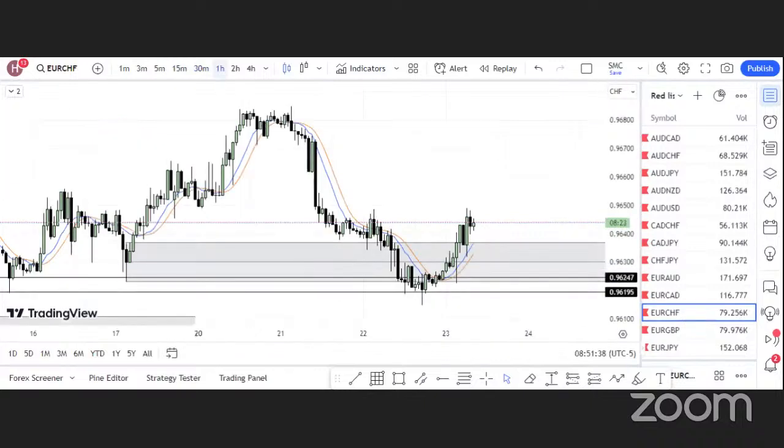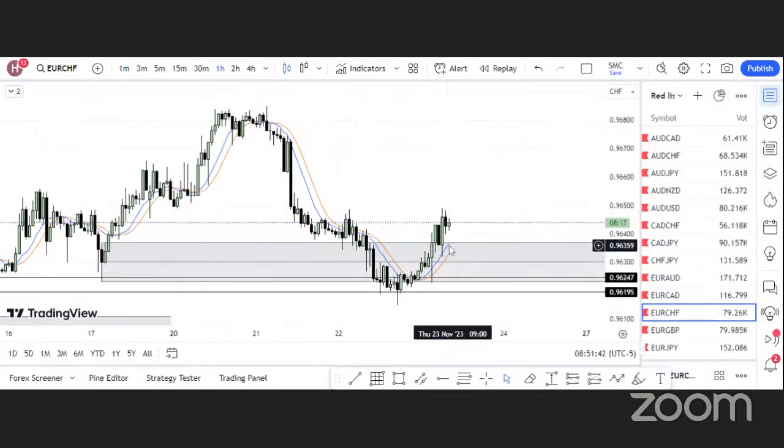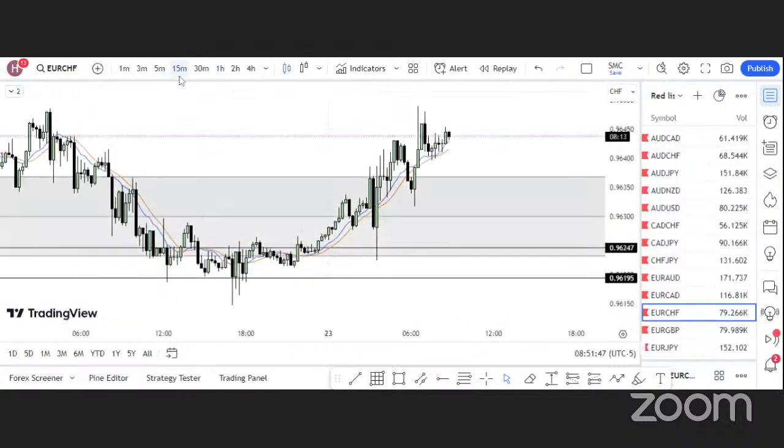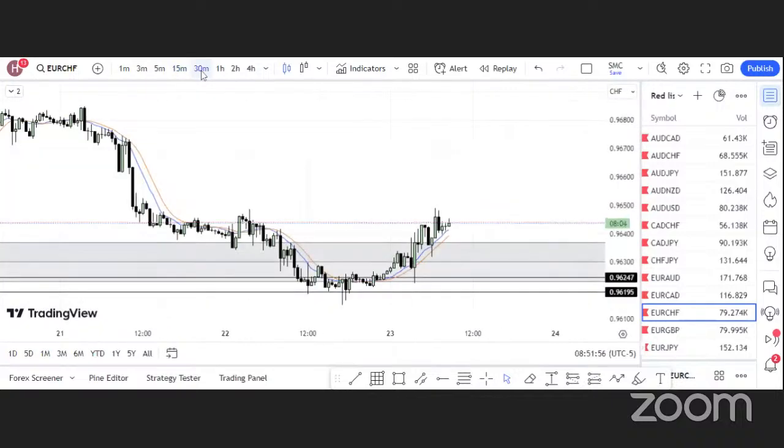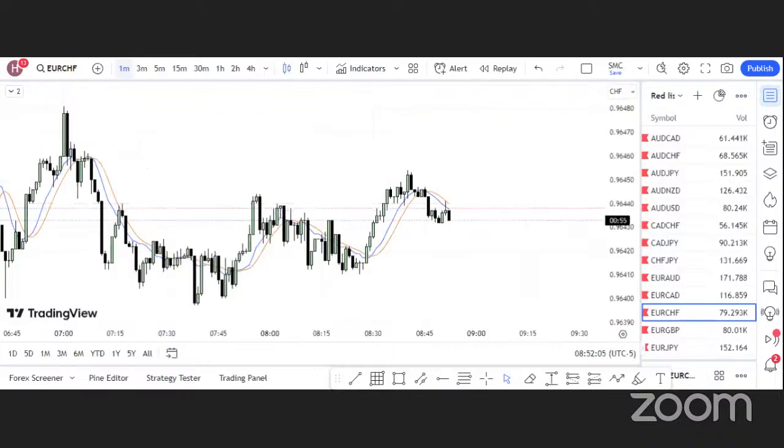Okay, so this is a good zone. Let's go to the lower time frame. So we saw how the market came back to retest this area. Now the market is going to continue to trade to the upside. Right now, I think this is coming.